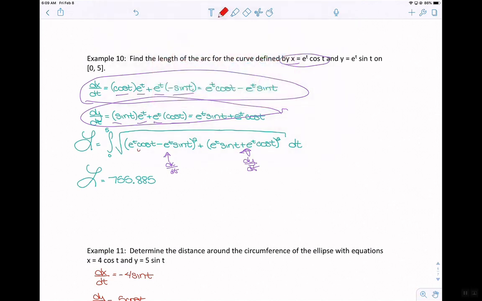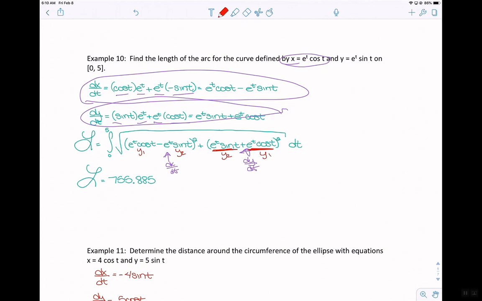What I did is I plugged this one into y1. He's the same as this one here. Then I plugged the sine one into y2, which is the same as the second one. So this is my y2, and this is my y1.